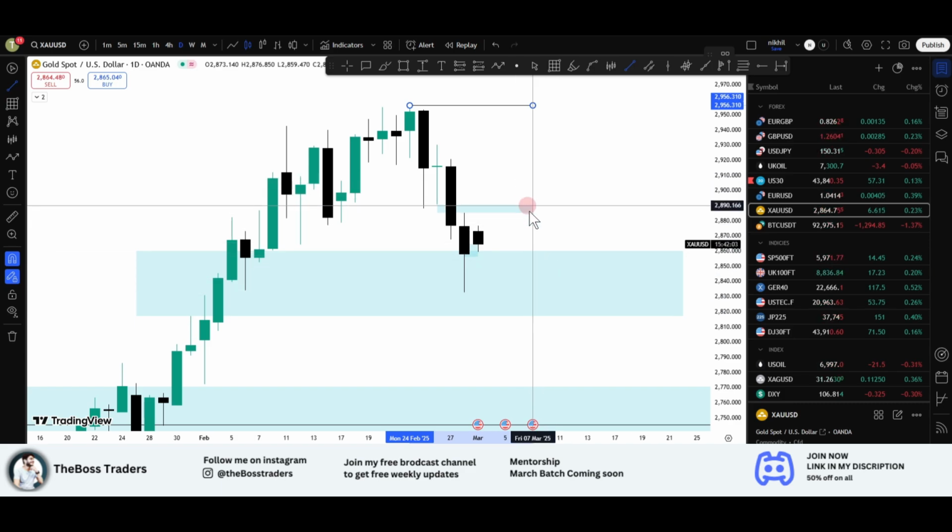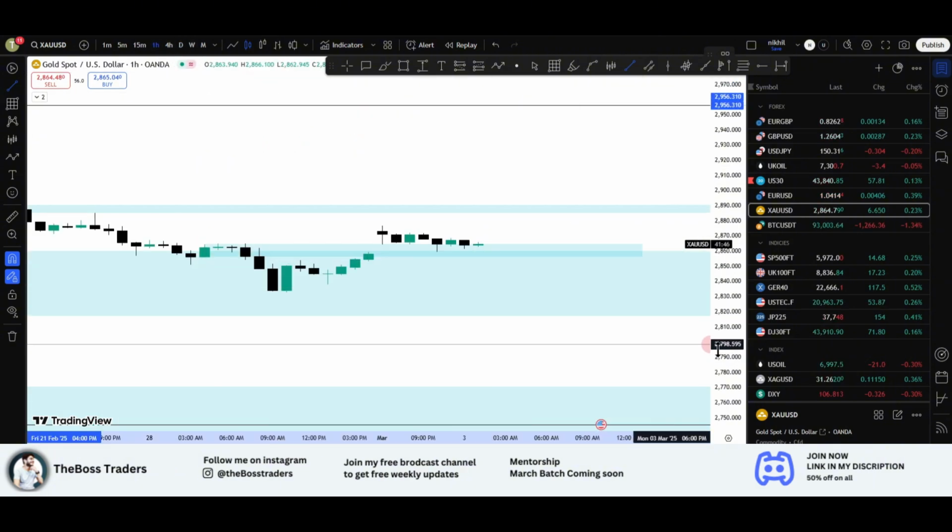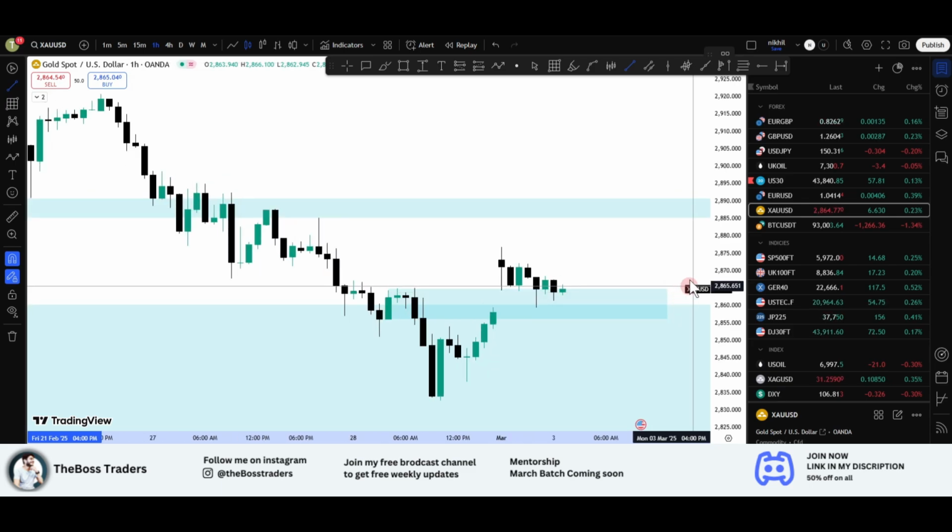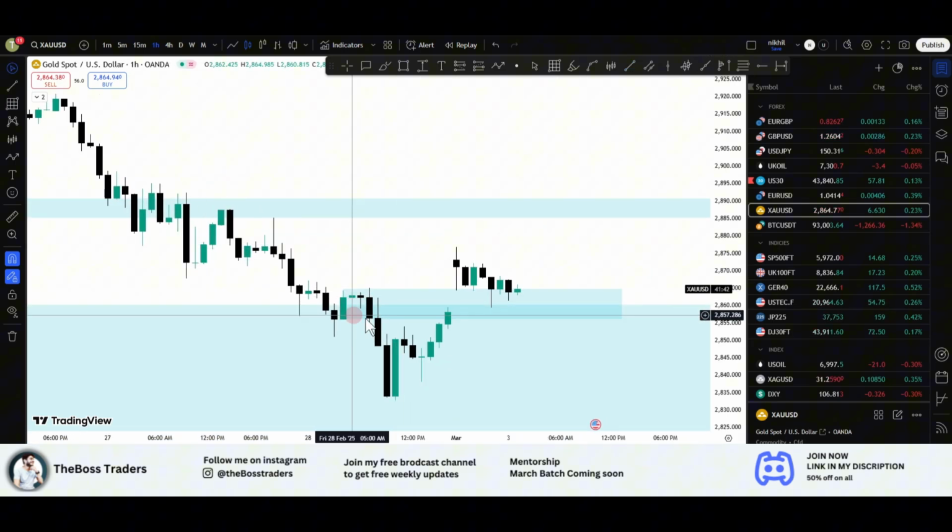But if it breaks above that daily gap, and you're already holding your long trades on gold, you can hold them for a bit longer for the target of 2955, or basically the all-time high. So remember this. Now for tomorrow, we have already gapped up above this last swing high.